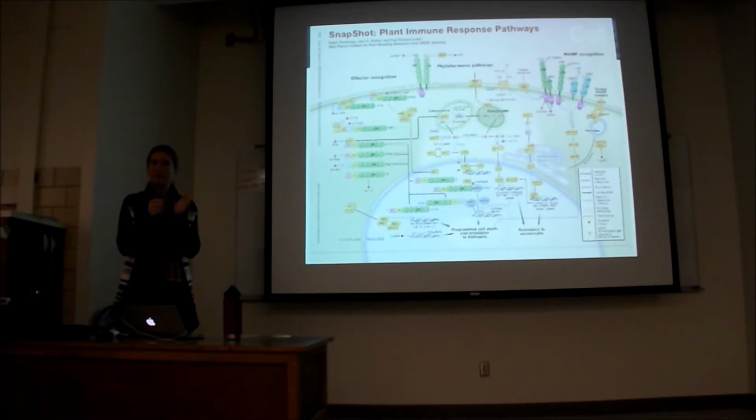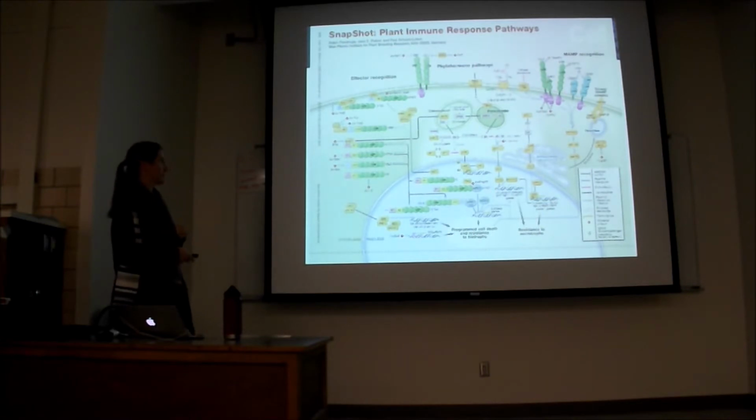It started from this very simple observation of gene-for-gene interaction. And over the last many decades, through a lot of really hard work, the molecular aspect of this, very complicated signaling networks, have been discovered to describe the resistance that plants display.